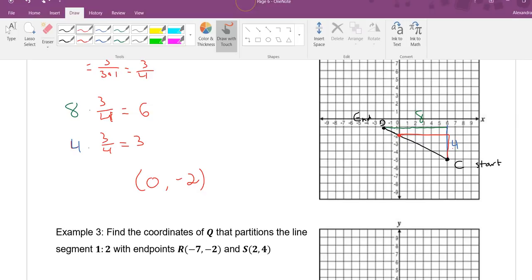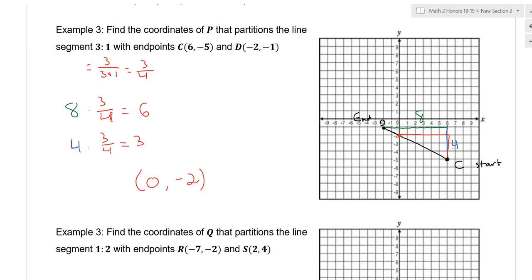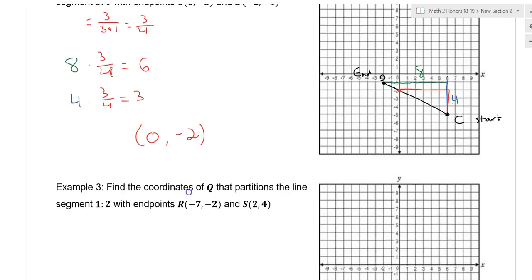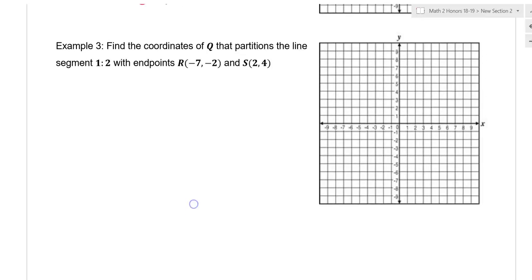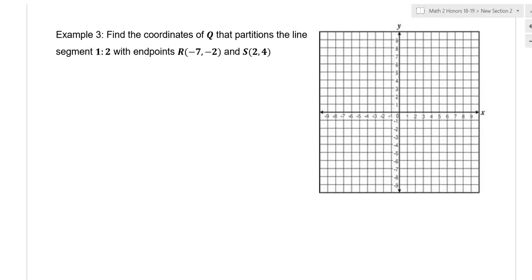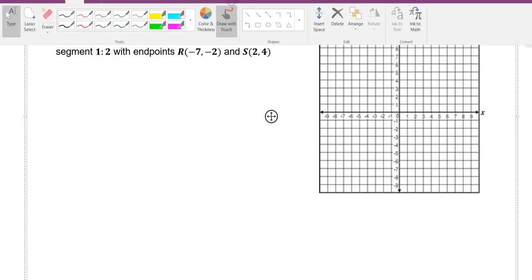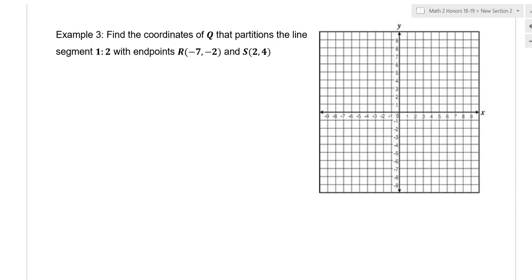Let's see if it does it this way. All right, looking at our next one, same type of thing. Find the coordinates of Q that partitions the line segment 1 to 2 with endpoints R, -7, -2, and S, 2, 4. So again, I'm going to start by drawing those points. R is at -7, -2, R is the start.